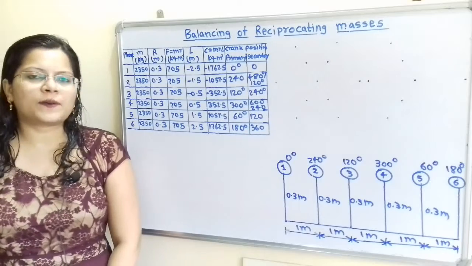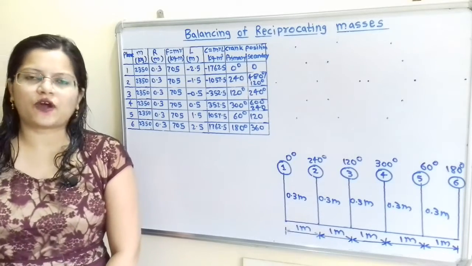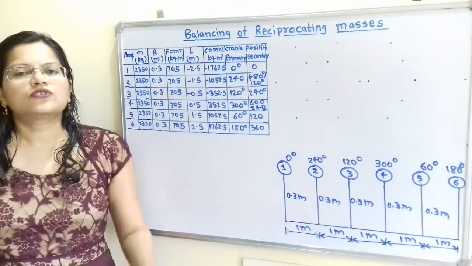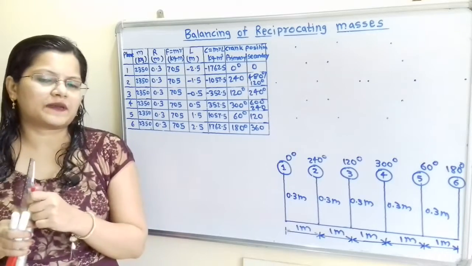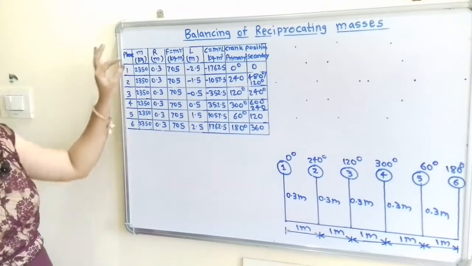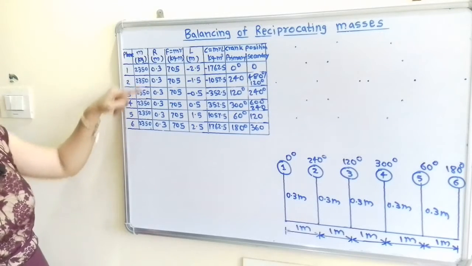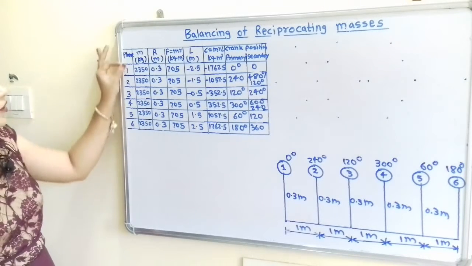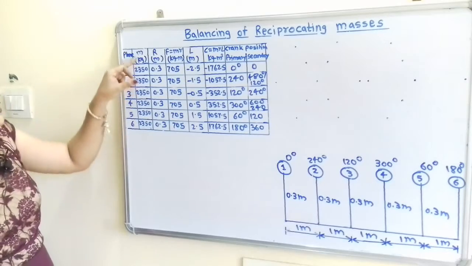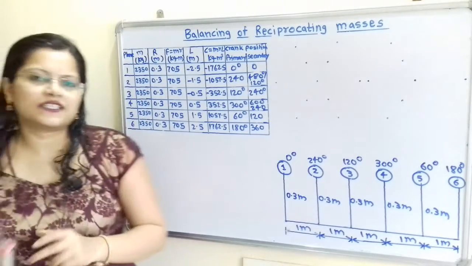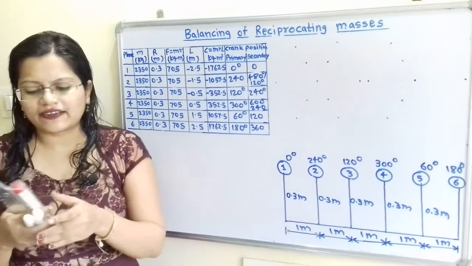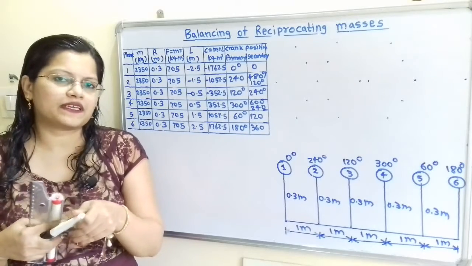Now the next column is for the distance from the reference plane. So how to select this reference plane? If we observe here the mass as well as the radius, all these terms are known. That is, for all the cylinders, the mass as well as the radius is known. So we have to select the reference plane as the middle point.